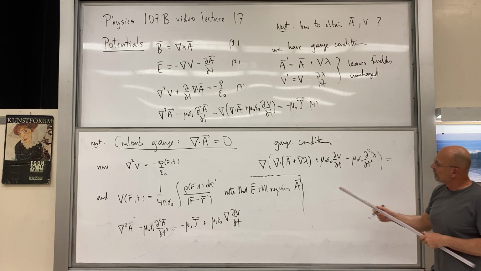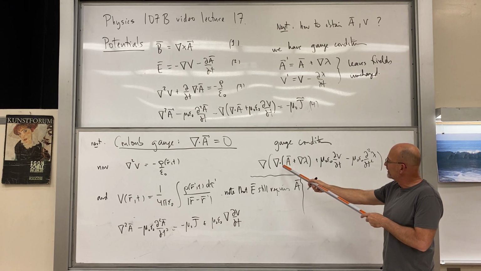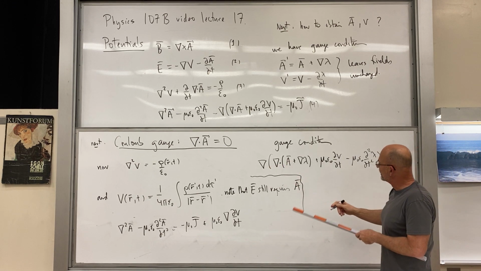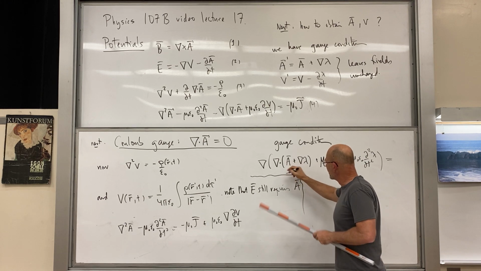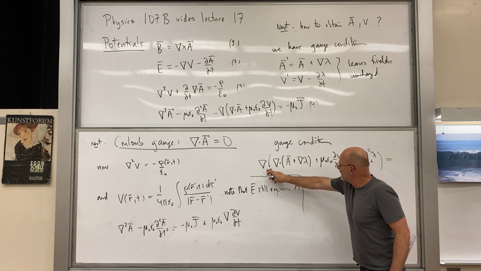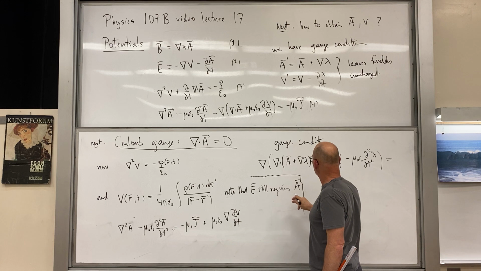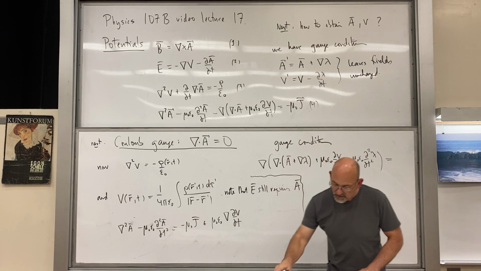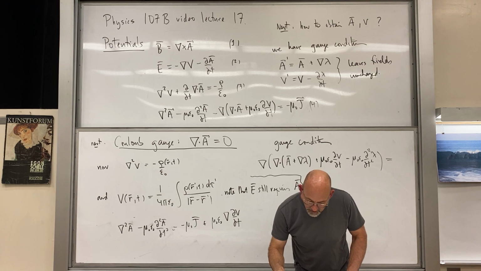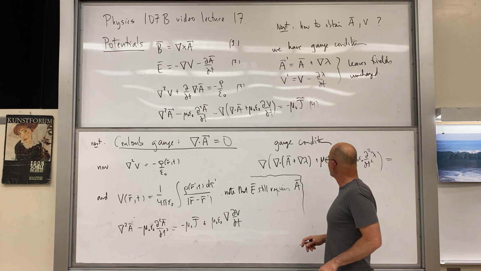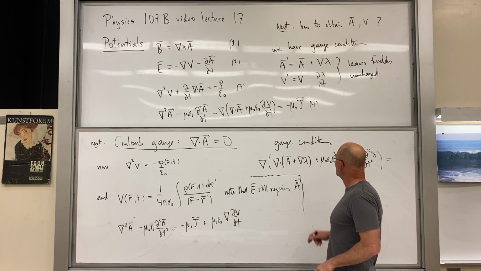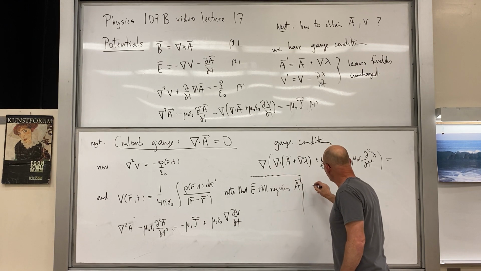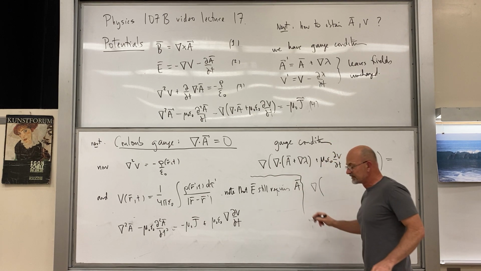So this thing here, we've already said divergence of A is going to be 0, so this one goes away and we end up with gradient, I'll go ahead and pull that out.